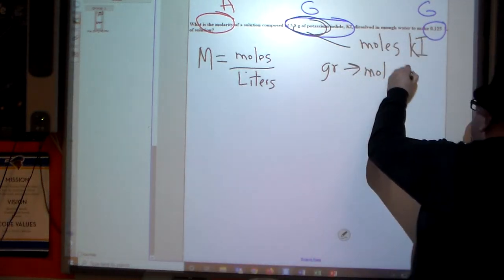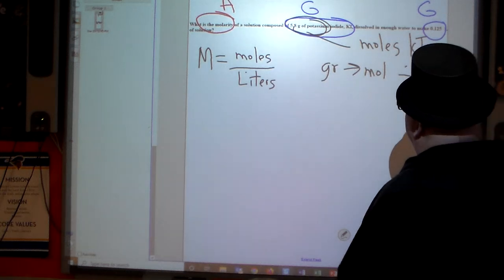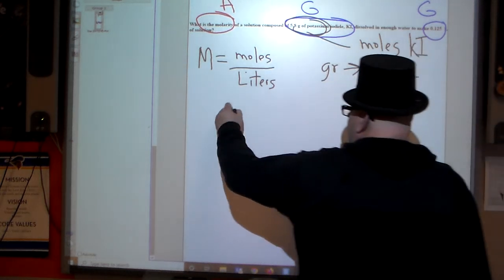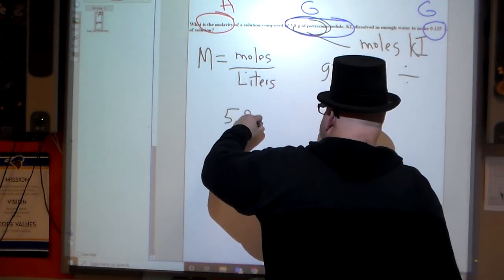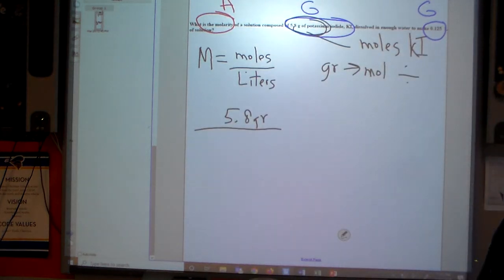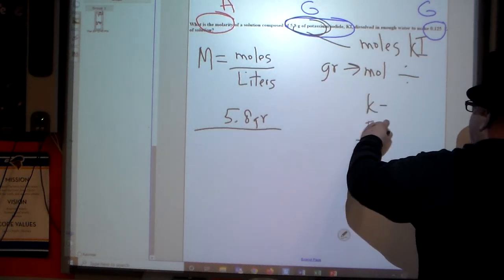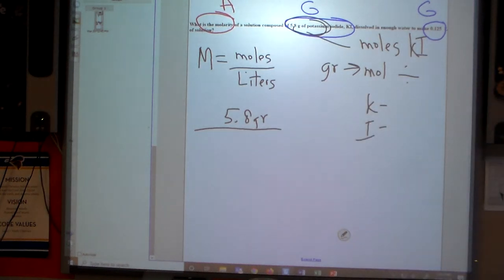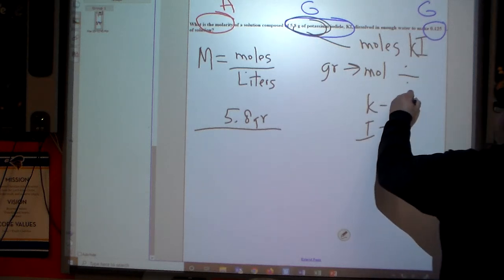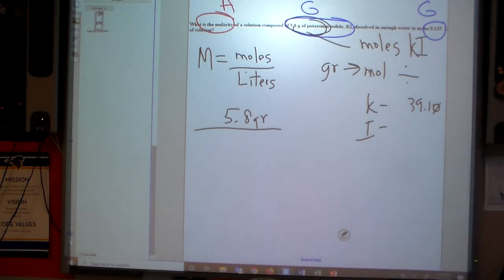If we go from grams to moles, what do we need to do? You divide. So what am I putting on the top and what am I putting on the bottom? I'm going to put my 5.8 grams on the top, because that's what I'm given. Now I need to know how much my potassium is. That's 39.10, and then I have to look for the iodine.